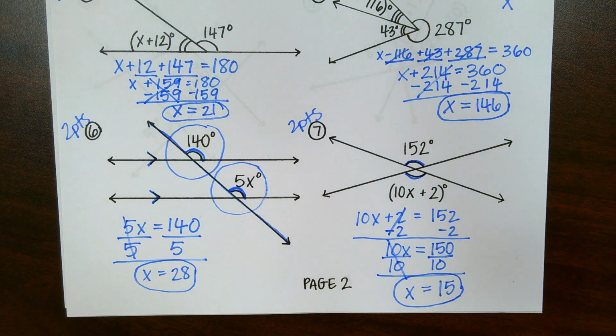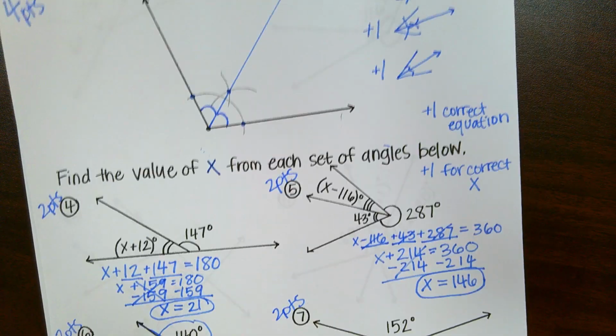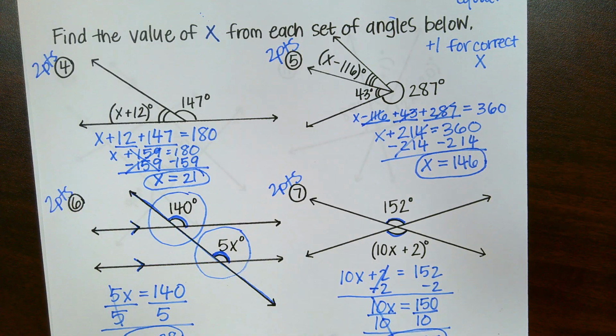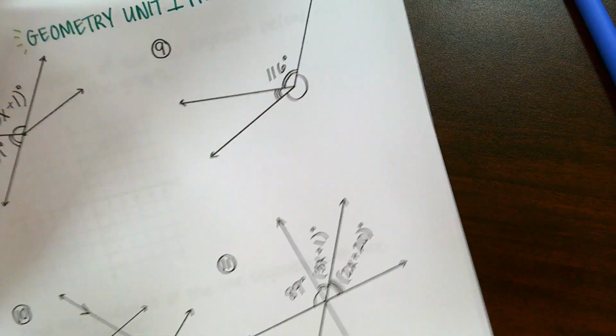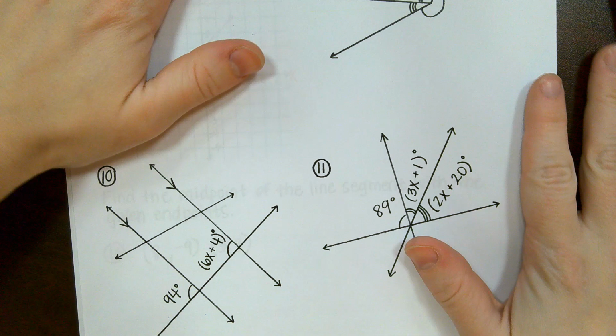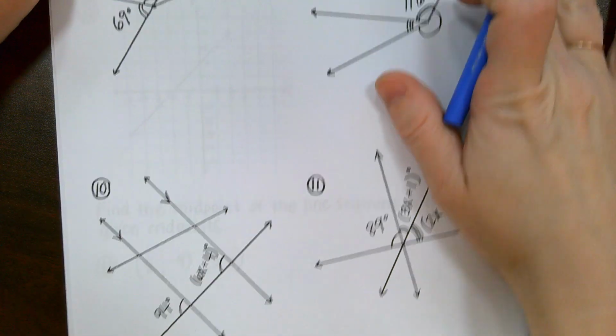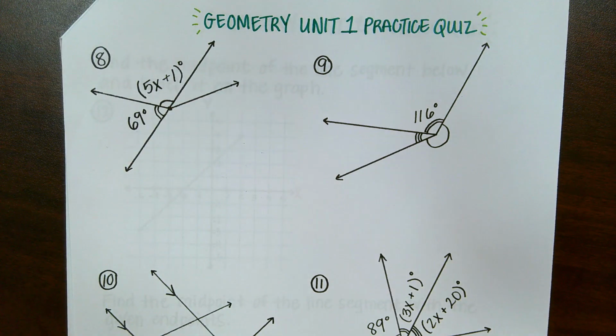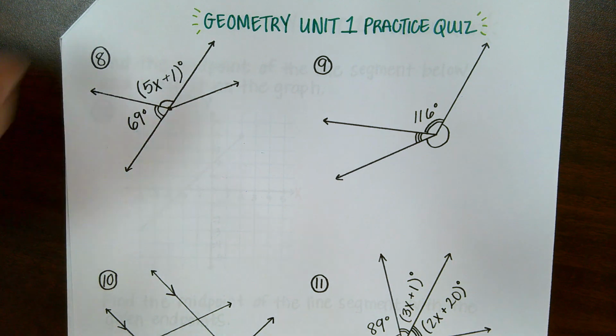So that is all the questions on page 2. Feel free to pause and ask questions if needed. I'm going to go ahead to the next page. So these questions here, numbers 8 through 11, are very similar to the questions on the previous page.